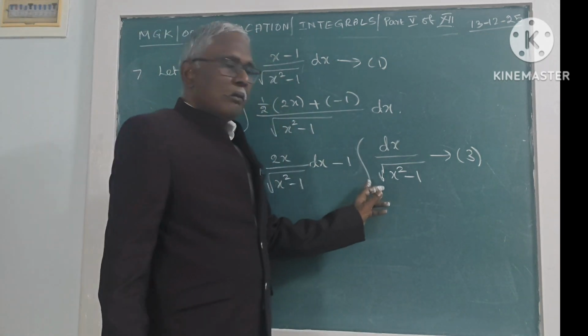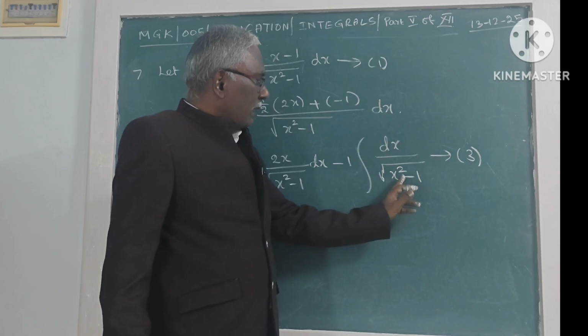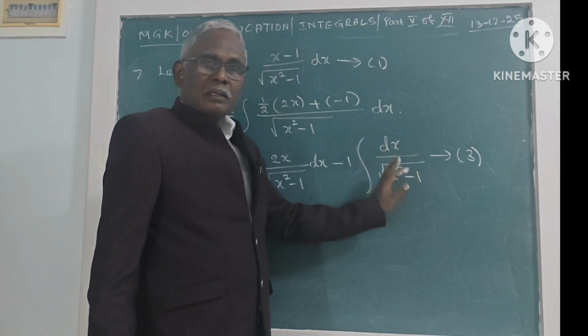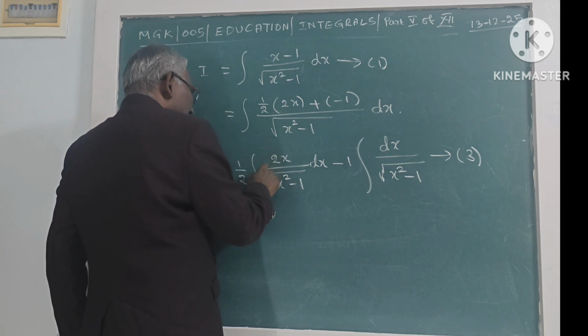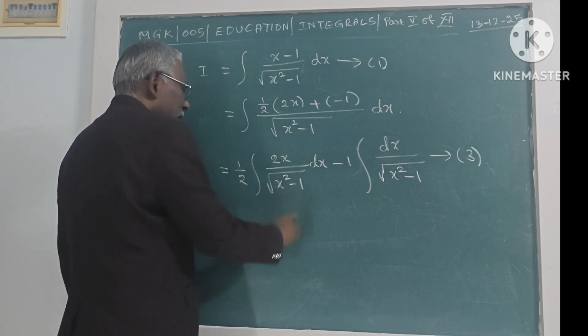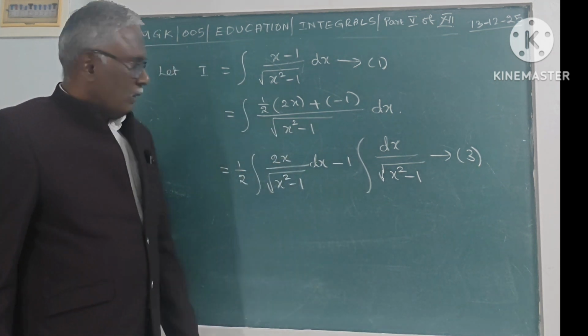So this is in the form of integral dx by square root of x square minus a square, which comes to the formula form, whereas integral 2x by square root of x square minus 1 is not in the formula form.